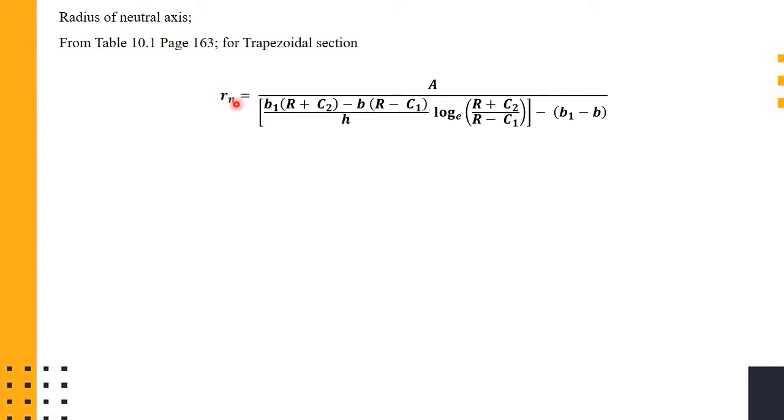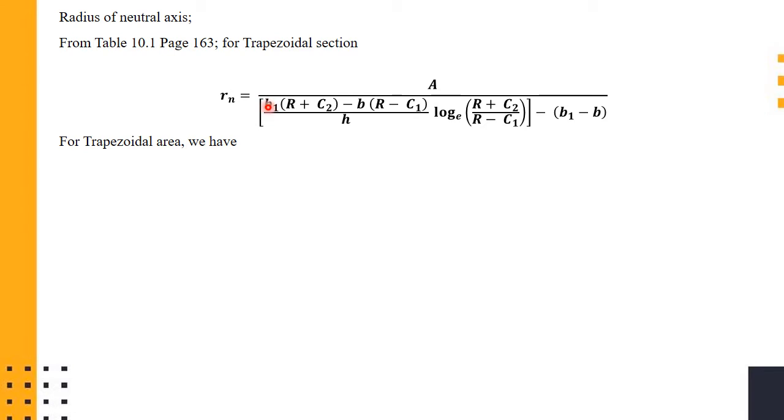I have taken the smaller term. You can take the larger one and maintain that only, no issues. So this is the formula given for the radius of the neutral axis, right? B is the value given for the smaller side, and B1 will be the larger side distance.